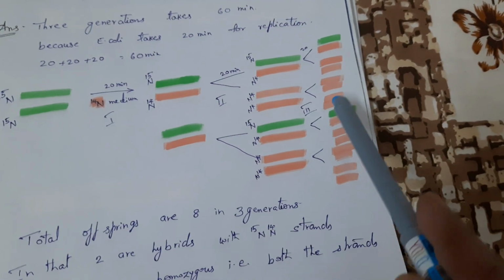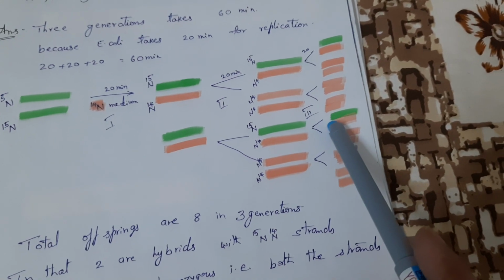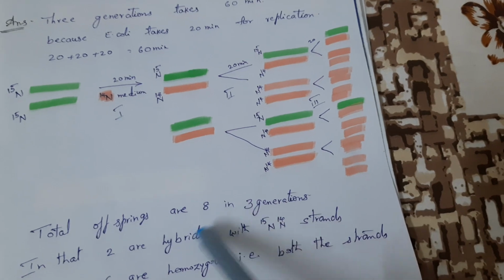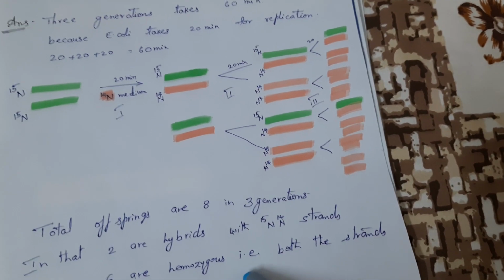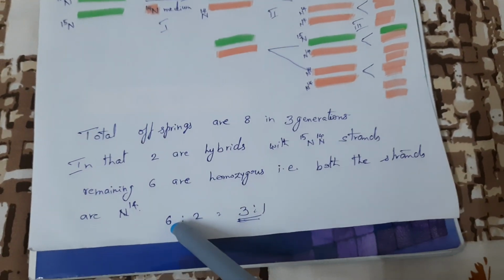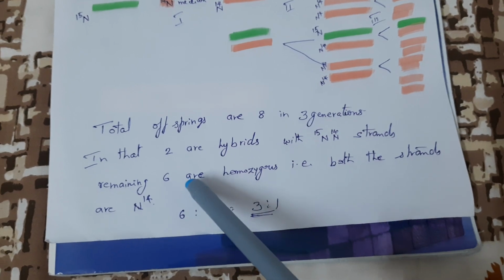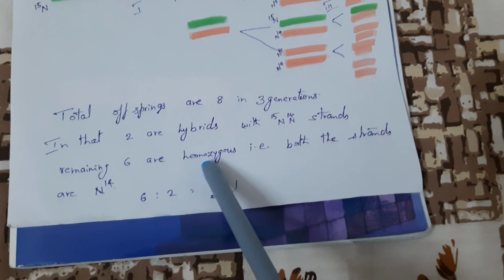That means 8 minus 2, the 6 remaining will have only N14 strands. So here 6 are homozygous, that is N14, N14 strands.